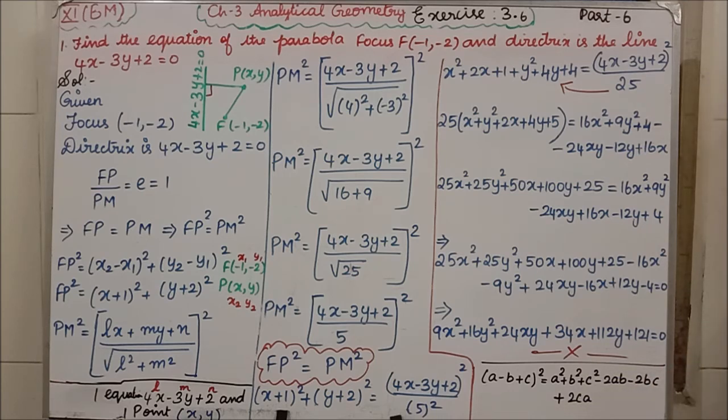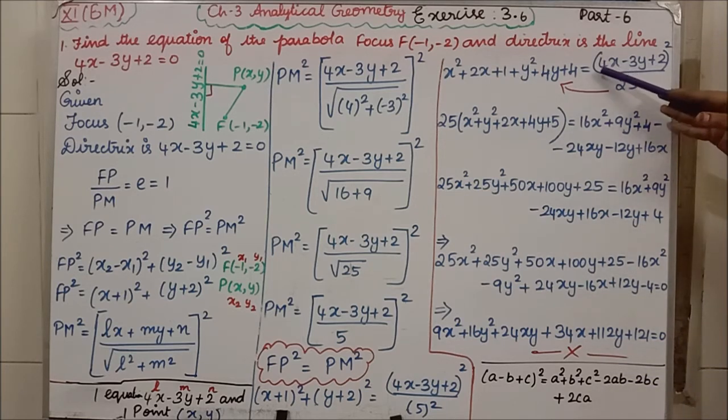That is the formula. So if you see, first a square is there. So 4x if you square, you will get 16x square. Then plus b square. B square means minus 3, if you square, we will get 9y square. Plus c square. In the place of c, we are having 2, so 2 square is 4. Minus, in the formula, 2 into a into b.